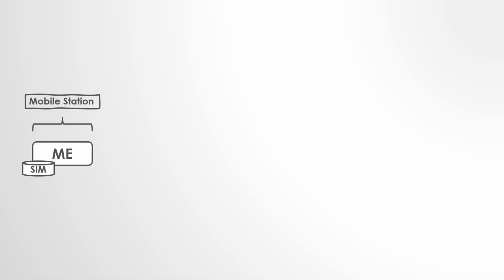Mobile station comprises mobile equipment (ME) and the subscriber identity module (SIM). SIM is a removable module and contains the identity of the subscriber. Without a valid SIM, GSM services are not accessible except emergency calls.